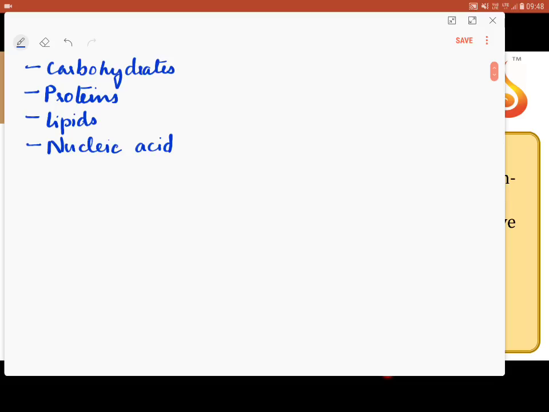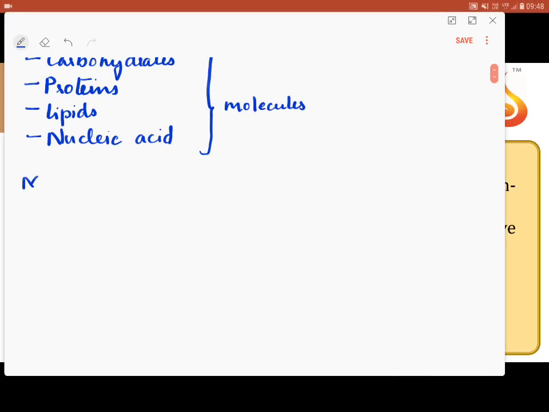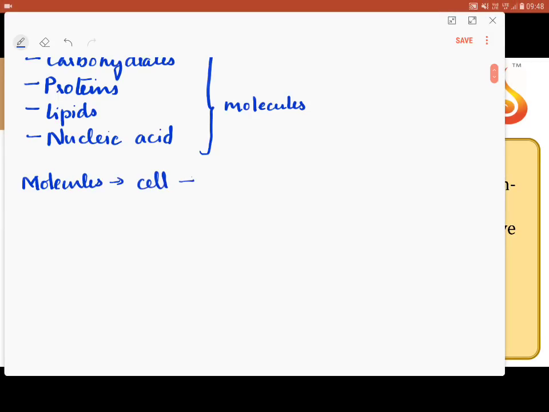These all comprise or form molecules. These molecules come together and form cell, and cell further forms into tissue.